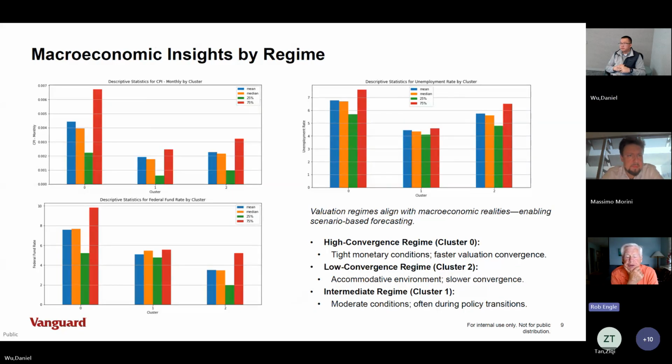One of the questions that I think we should address is: is the CAPE model as important today as it was 30 years ago? Your regime switching kind of disguises the answer to that question.